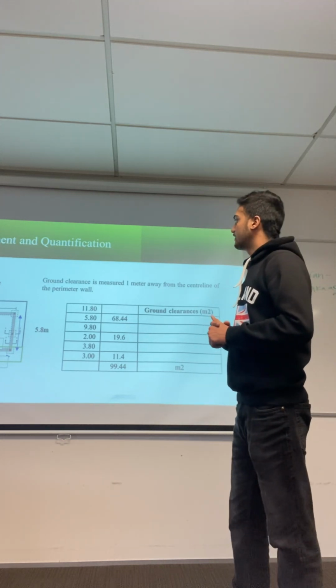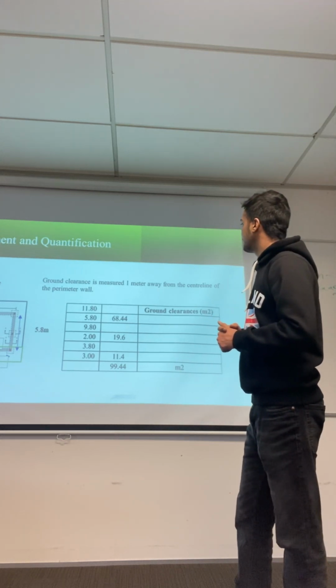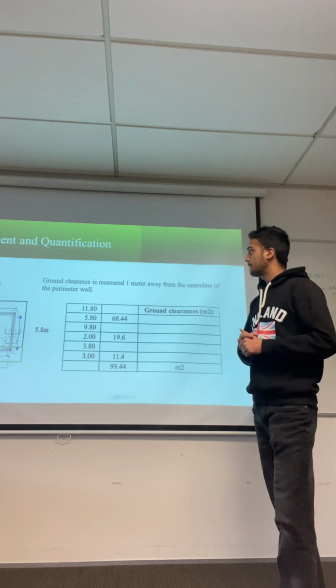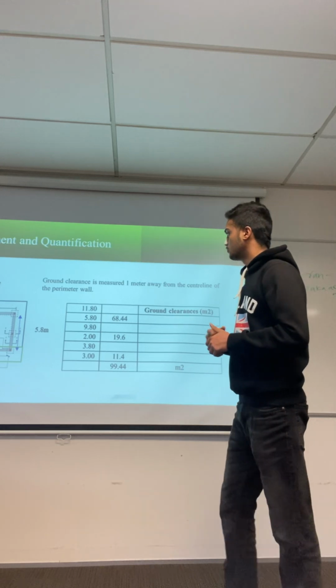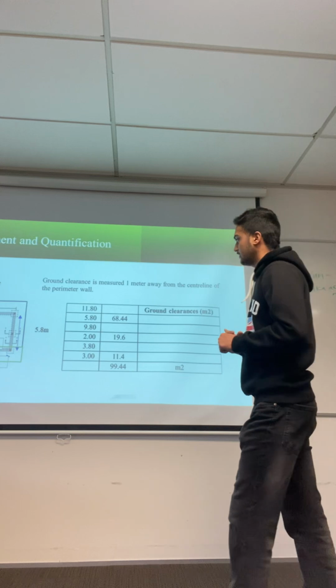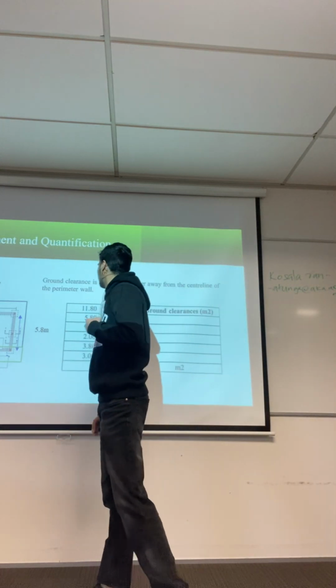Foundation. Ground clearance. Ground clearance is measured 1 meter away from the center line of the perimeter wall. You can see the diagram: 2 meter, 5.8 meter, 6 meter and 3 meter and 1.8 meter.